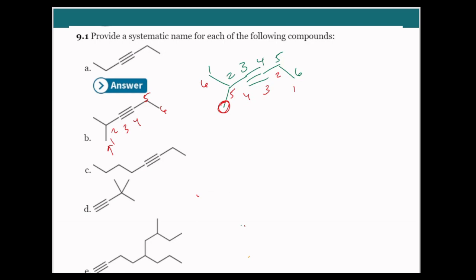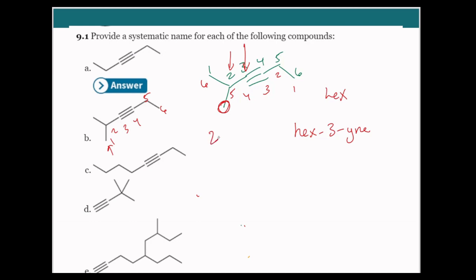Okay, so what's my parent here? My parent is hex because I have 6 carbons. Okay, and my alkyne functional group, numbering from left to right, is carbon number 3. So this would be hex-3-yne or 3-hexyne. Okay, and I just have one methyl group, and that methyl group is at carbon number 2 along the green path. That's the path we've chosen.